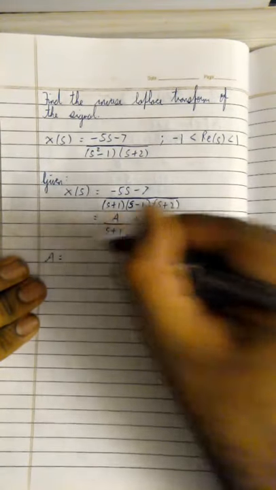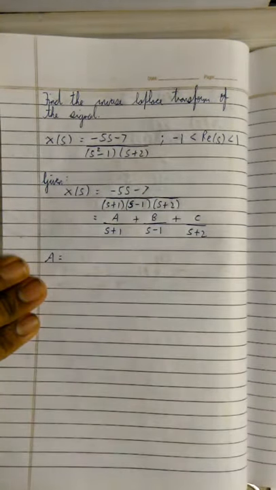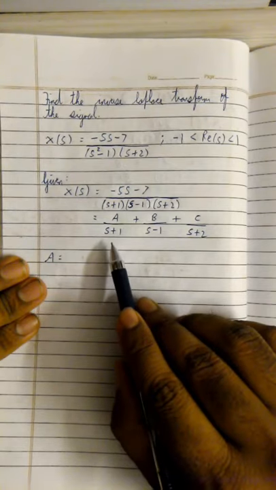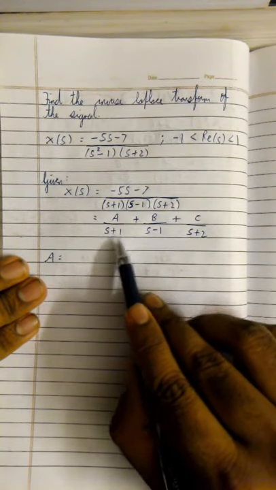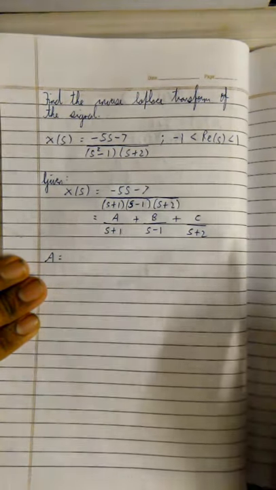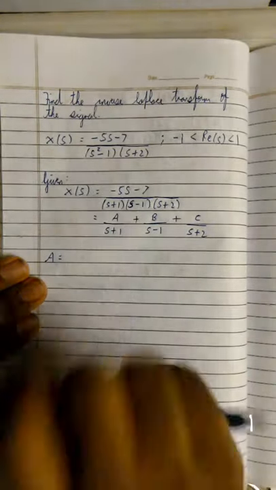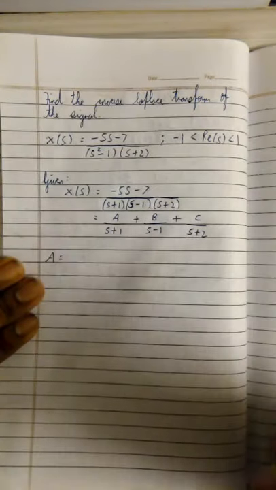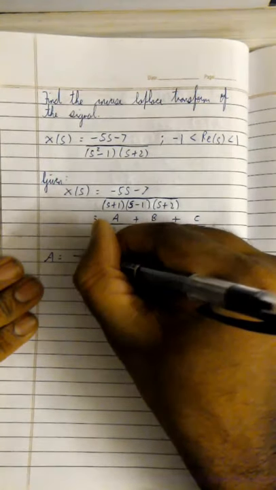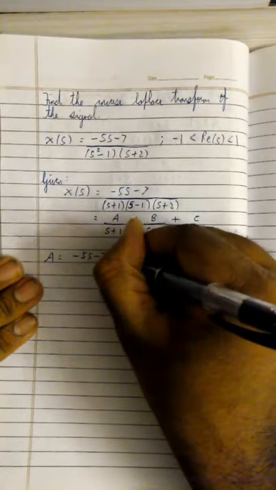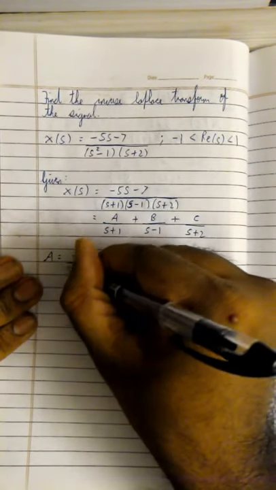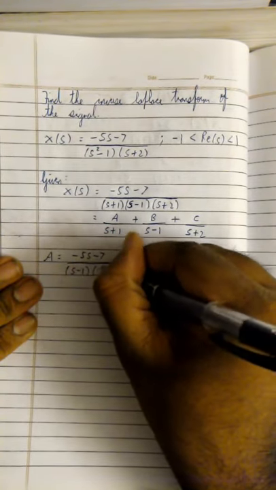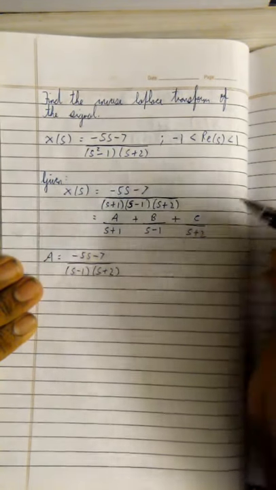So the equation for A is, here you can see that the denominator of A is s + 1. So what I'm going to do is remove s + 1 and write the remaining expression. So that will be (-5s - 7) by (s - 1)(s + 2).